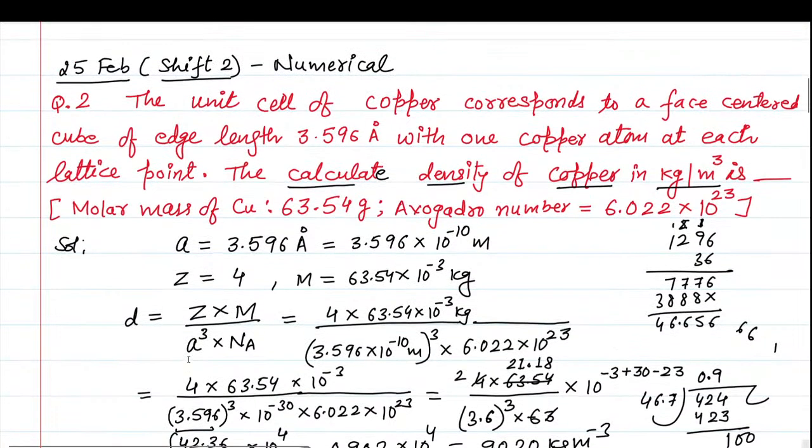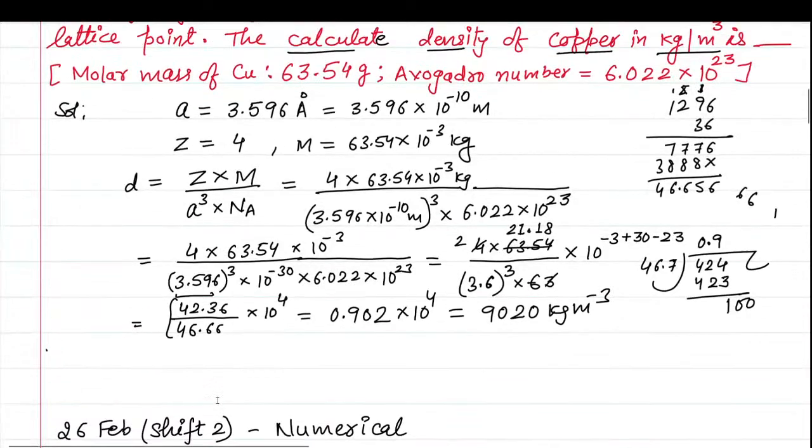Options are not there, keep in mind, this is a numerical type question, so you should write the numerical value. There is a range in JEE Main nowadays. The exact value that is calculated is 0.9076, so it is 9076, but there is a range of values.